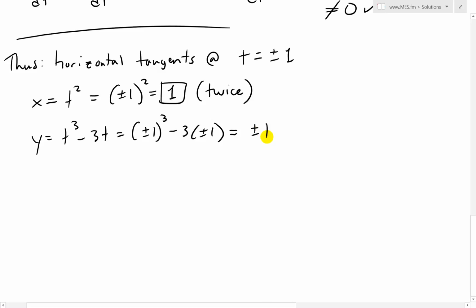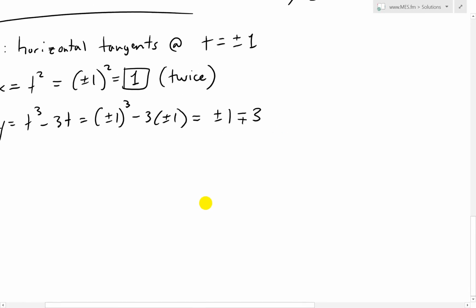Now we have a minus plus or minus, so if it's a plus it becomes a minus, and if it's a minus it becomes a plus. So this gets flipped, and we have a minus plus 3. This will make sense as I get to it.